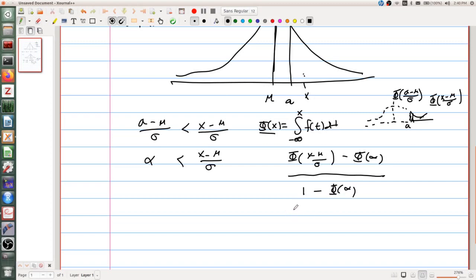Maybe you're wondering why 1 there. That's because there's no restriction on the right side going to the right of this distribution, and the integral up to infinity would be 1. So you can just write a 1 there. Alpha is the region where you're truncating.